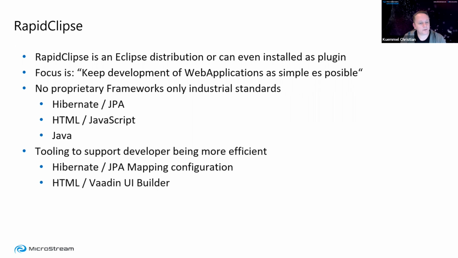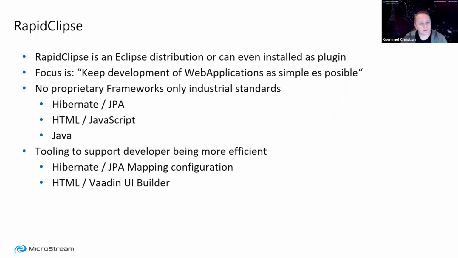And for that, the first main area is the Hibernate area, or the data provider area, especially the Hibernate JPA mapping configuration. But this is not the topic for today.